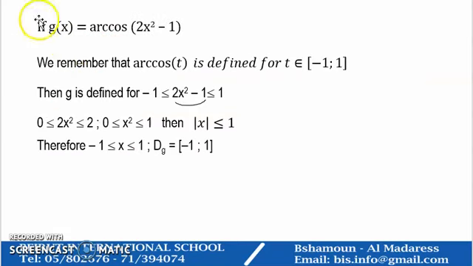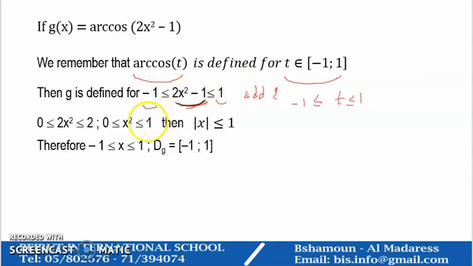First of all, we remember that arccosine of t is defined for t from minus 1 to 1, so minus 1 is less than or equal to t, which is less than or equal to 1. So I can deduce in this case that 2x squared minus 1 is between minus 1 and 1. Now if we add 1, I need to know what x is bounded by.